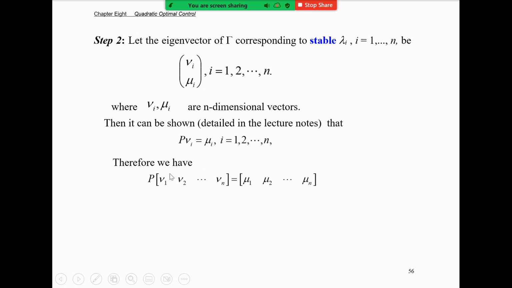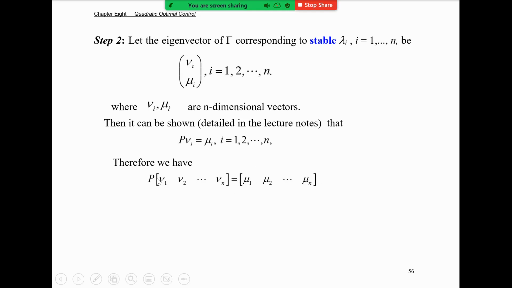So you put those V1, V2, up to Vn together. This will be an n by n matrix, because the V are n-dimensional vectors. You put those n vectors together to form a matrix. P times this matrix corresponds to the lower halves of the eigenvectors, mu1, mu2, up to mun. This is another matrix.